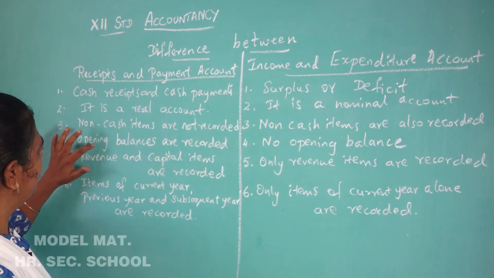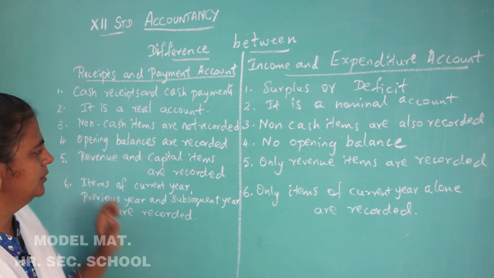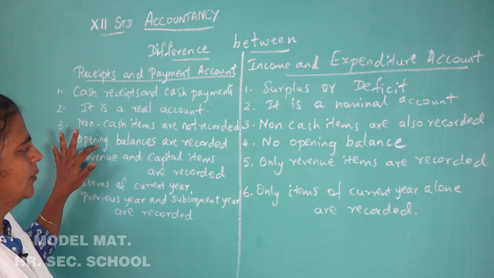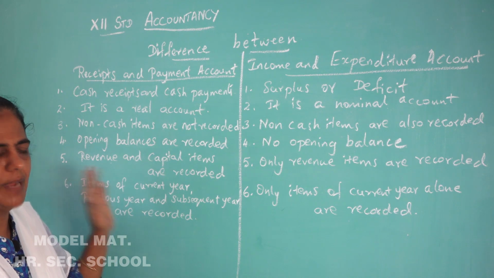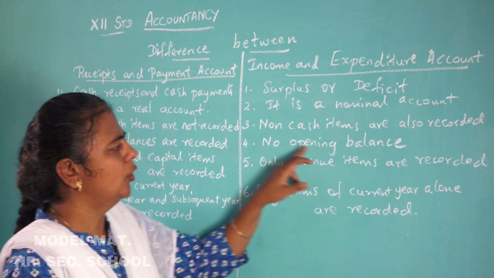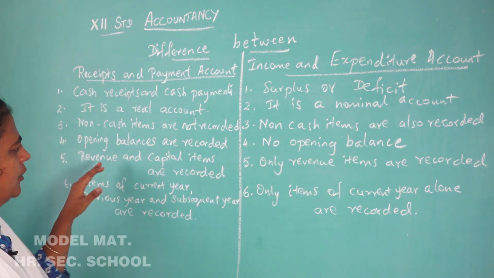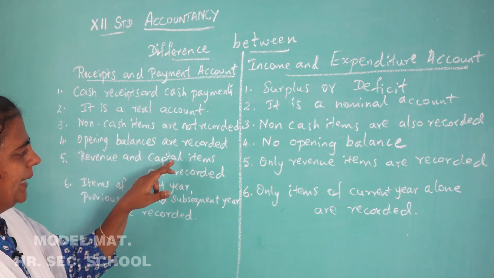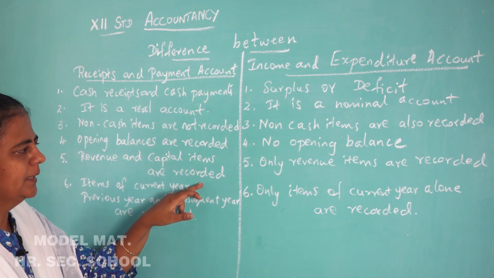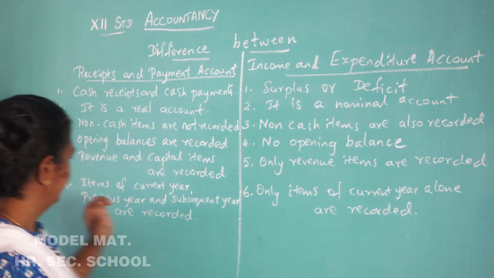Opening balances are recorded here. In receipts and payments account, all the opening balances, that is opening balance of cash in hand, cash at bank, bank overdraft, everything is recorded. But here no opening balances are recorded. Items of revenue and capital are recorded. Here only revenue items are recorded.